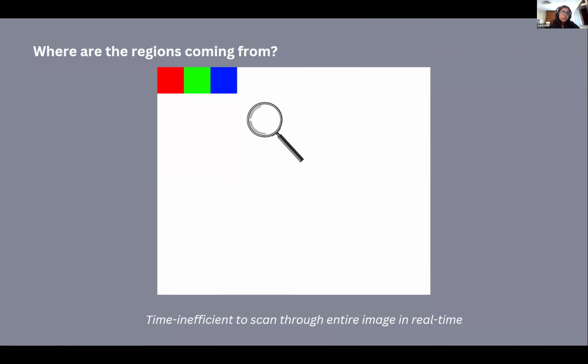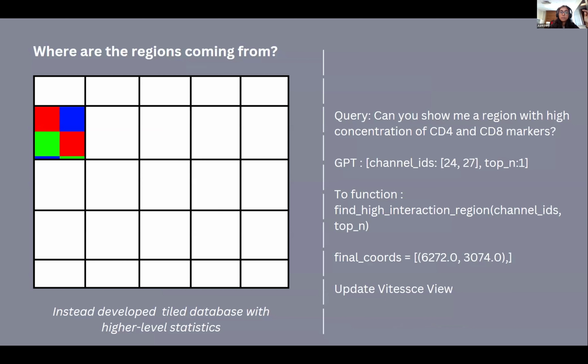Now, before I explain what the tool is, where are these regions exactly coming from? If I were to normally look at the image pixel by pixel and find the most interesting regions, that would not be time efficient in real time. To make this process a little simpler, this image is broken down into multiple different patches or tiles, and higher-level statistics are calculated for these different markers on their concentration.